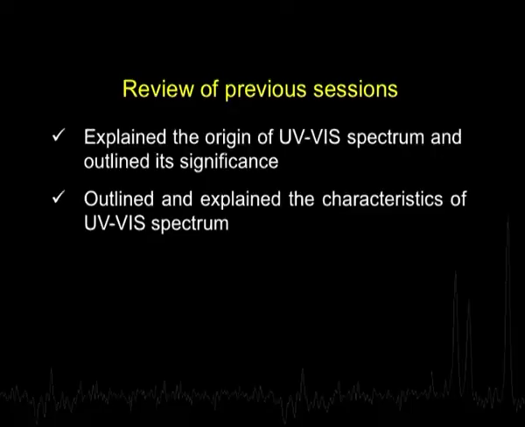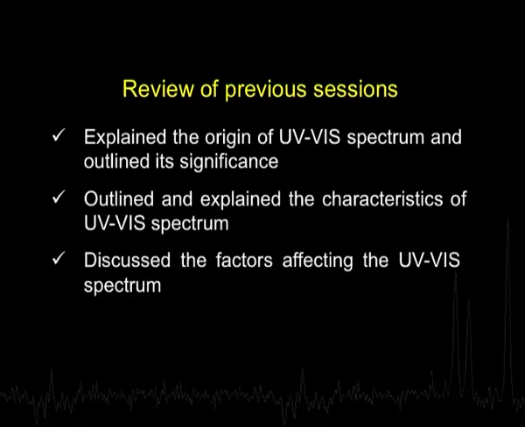Okay. So, let us make a beginning by recalling what we have done so far. What we have done in this series of lectures is that we started by explaining the origin of UV visible spectrum and outlined its significance. Thereafter, we outlined and explained the characteristics of UV visible spectrum, that is, the intensity, the width, the location, and the position of the band, and so on and so forth.